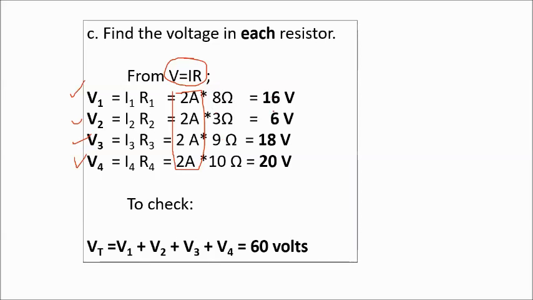That gives 16, 6, 18, 20. To check if your solution is correct, since these are resistors in series, add all the V's, all the voltages or potential drops across the resistors. The total must be 60 volts. So with this check, you'll know you're perfect in the assessment.